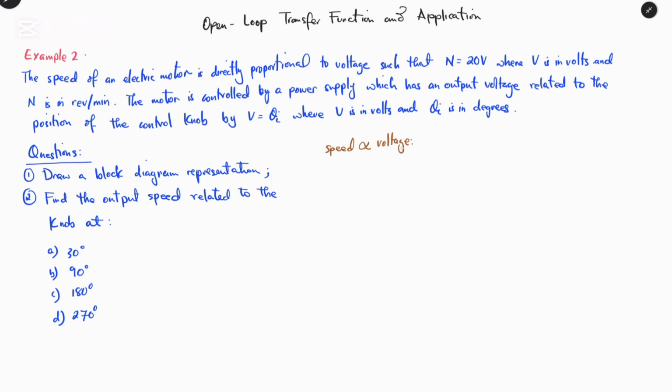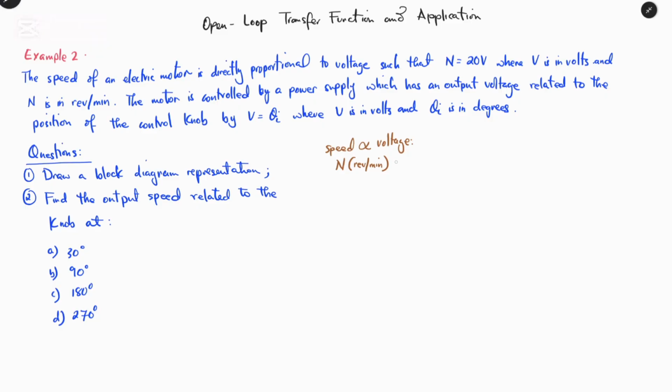Looking at this example, N is nothing but the speed in revolutions per minute, which is directly proportional to the voltage.